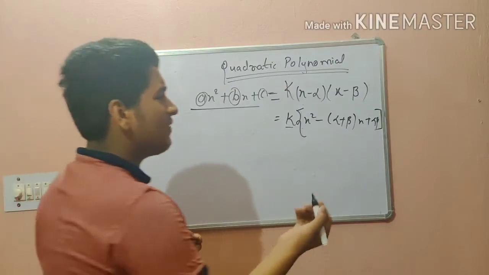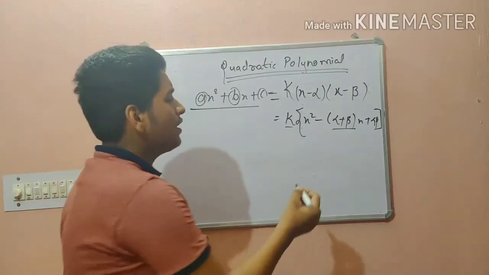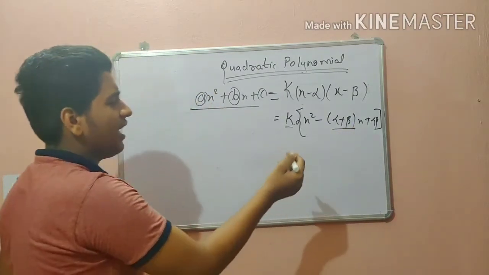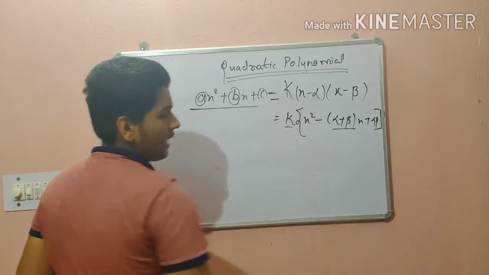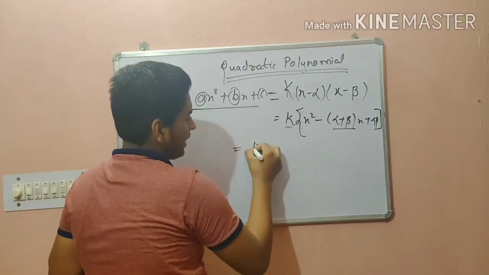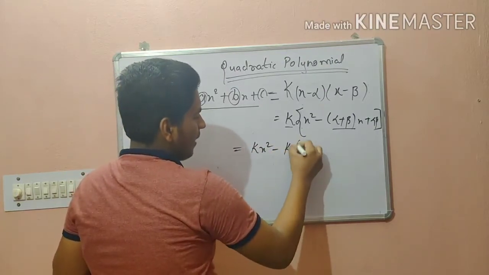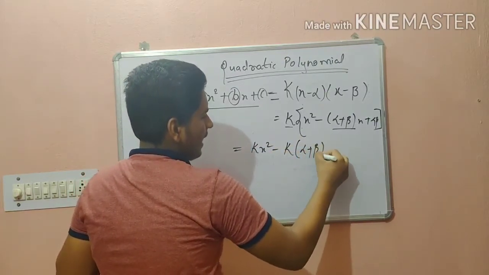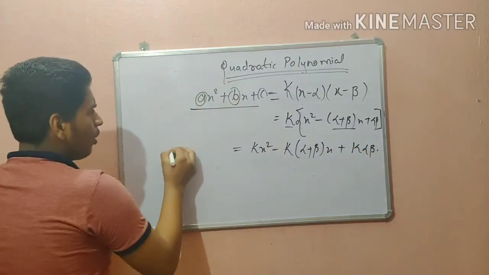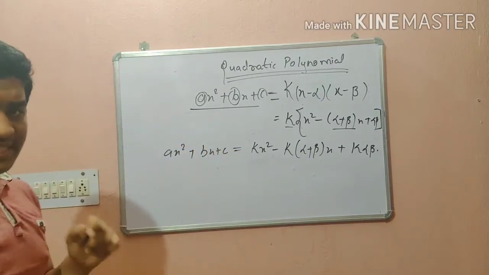But if there is a fraction, we try to get a number k which will remove the fraction and bring it into standard form. So when we multiply, we get kx square minus k(alpha plus beta)x plus k alpha beta, and we will compare the values with this.